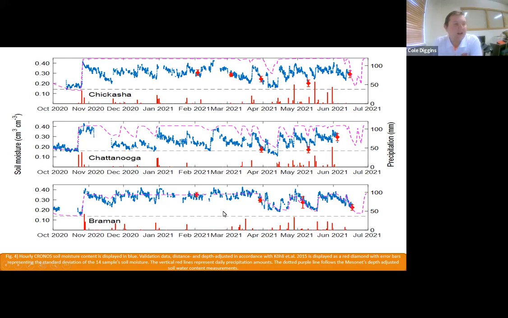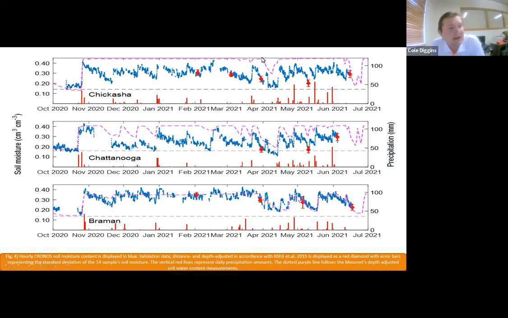So 3 things I'd really like to point out is that we had good agreement between our Chronos stations, the soil moisture they were detecting, and the ground truth validation soil moisture measurements that we took. We had really good agreement there, as you can see. We did not have a good agreement between the Oklahoma Mesonet and the Chrono Stations, or the validation for that matter.